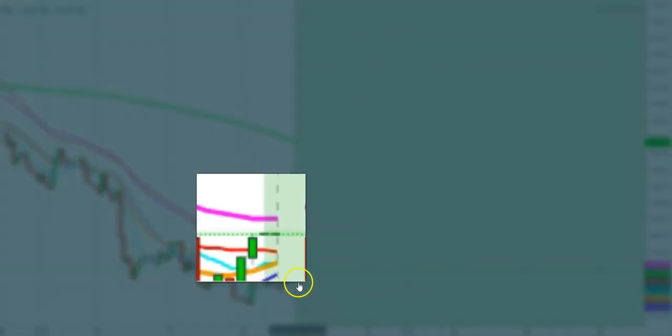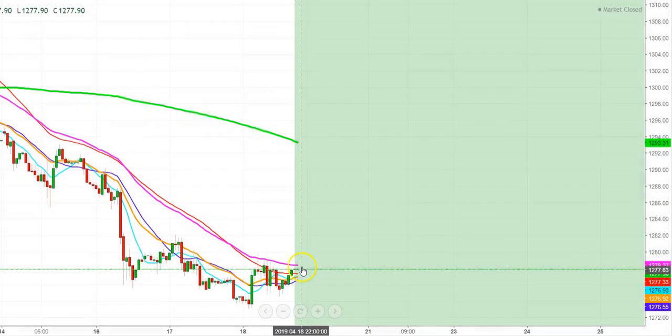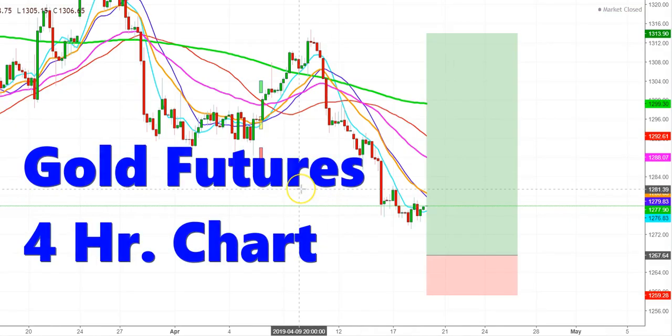As here you can see, the 50 days exponential moving average has come above the 50 days moving average, which indicates the continuity of a bullish trend in gold futures in an hourly chart. Therefore, I find that the gold futures may see a gap up opening on the first trading session of the upcoming week. Now let us see this chart in a 4-hour time frame.